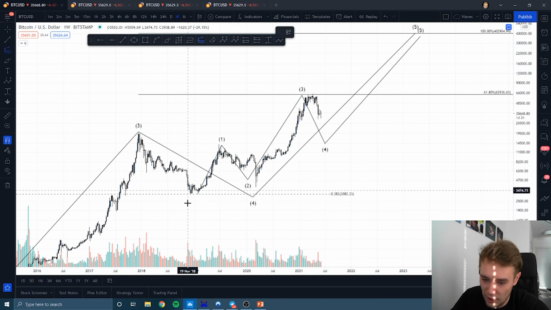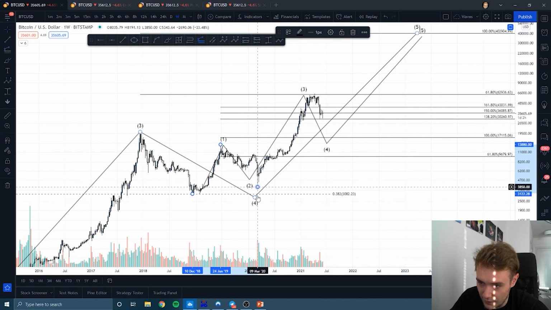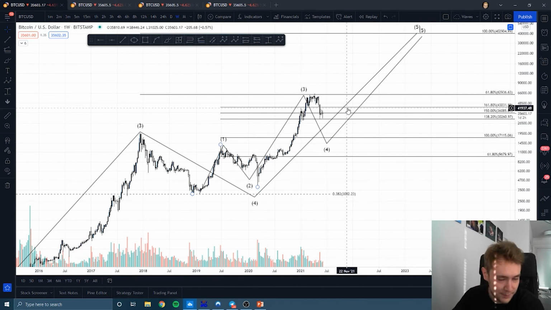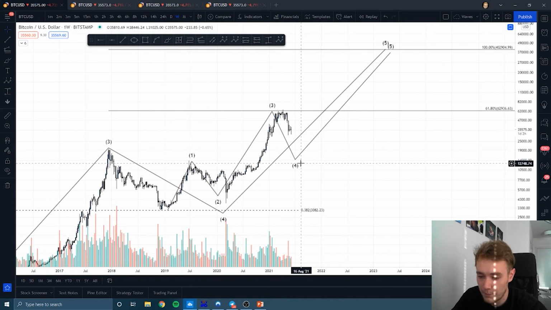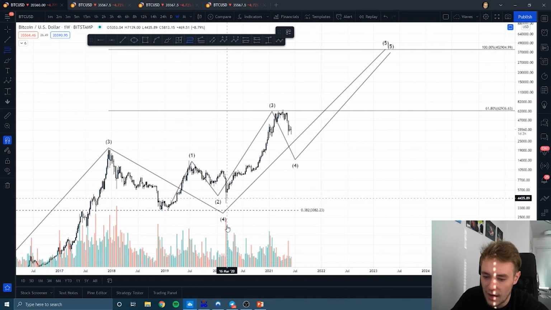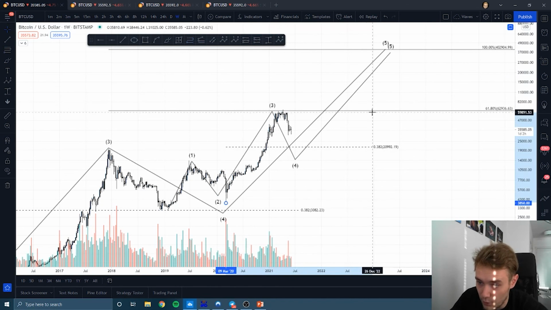In terms of targets, we can plot them in really quick for this one, and we can see that we go past those exponential targets, and then we complete the third wave, and now we're working on the pullback on that fourth wave, which is usually a little bit shallower of a pullback.